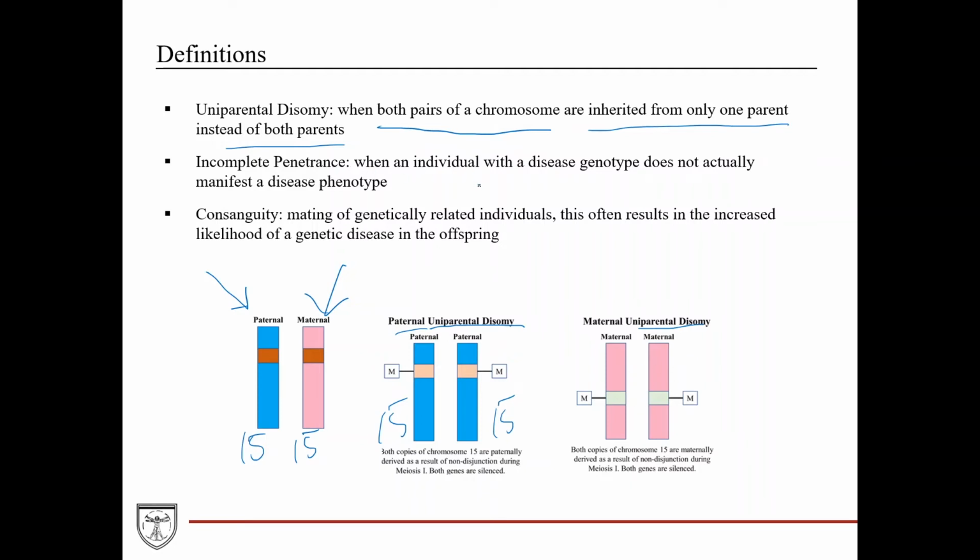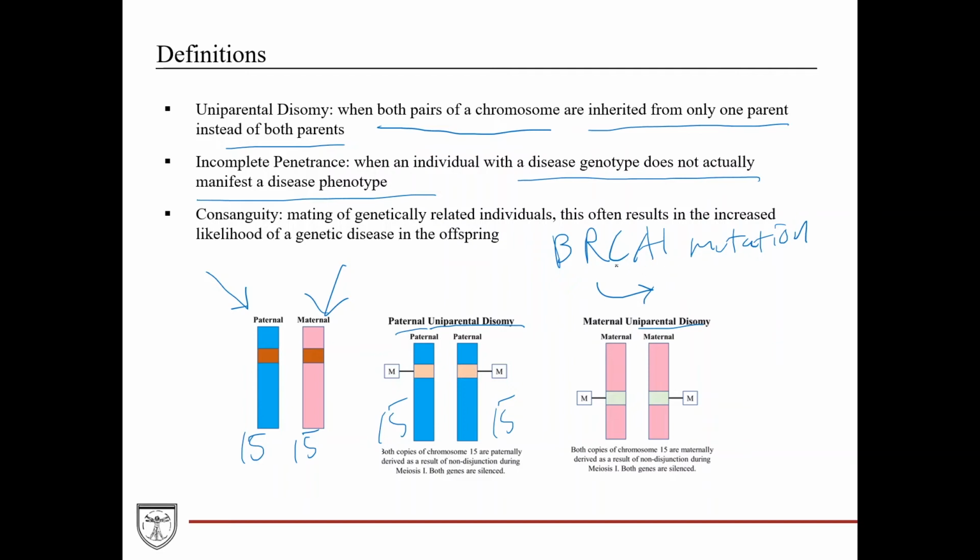Incomplete penetrance. This is when an individual with a disease genotype does not actually manifest the disease phenotype. Penetrance, in general terms, is the percentage of patients with a mutation that actually manifest the disease. Just because you have the mutation does not always mean you'll actually develop the disease. A real life example of this would be patients with the BRCA1 mutation, and this would be for breast cancer.